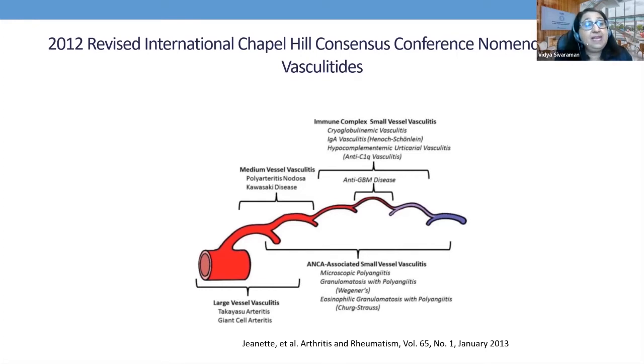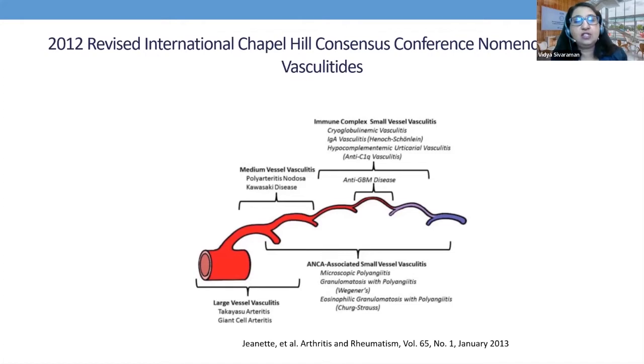Then we go on to the medium vessel at the top, which includes a condition called polyarteritis nodosa, which can affect different organs, but involves the same size of vessels as Kawasaki disease, which I mentioned. And then I'm going to come to the lower part of the screen, where you see the group of conditions called ANCA-associated small vessel vasculitis.